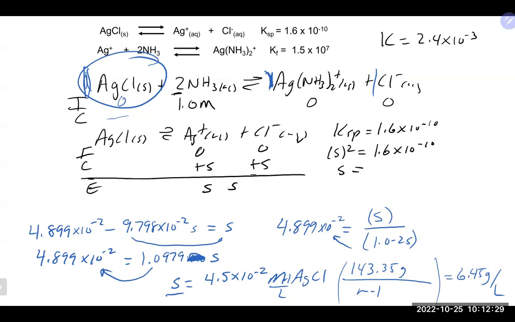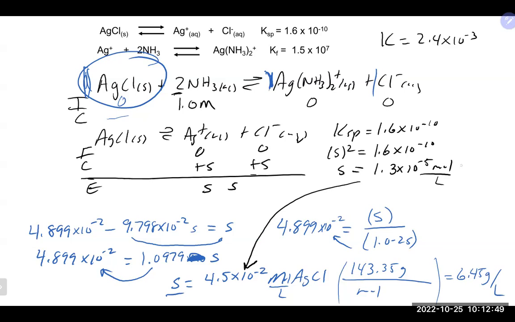And we ended up with something like 1.3 times 10 to the minus 5 moles per liter, right? Which is much less than that.